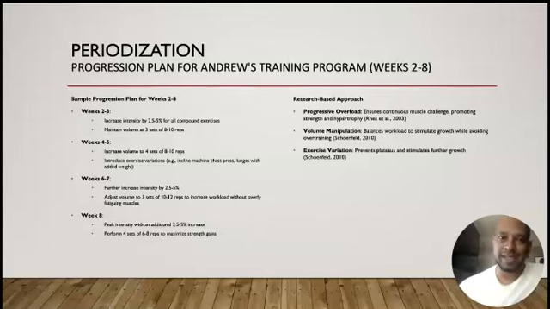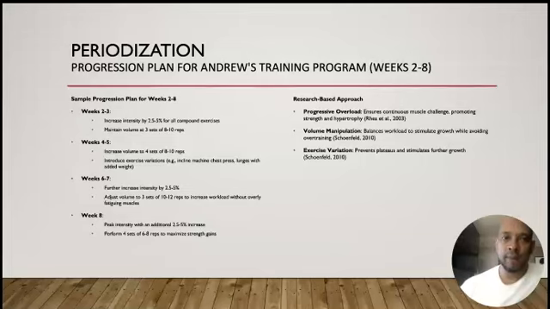In weeks 6 to 7, we're going to adjust the volume to 3 sets of 10 to 12. And in week 8, we're going to peak out with 4 sets of 6 to 8 reps. So we intermix higher volume weeks with lower volume weeks to allow recovery and prevent overtraining, which is supported by Schoenfeld 2010.